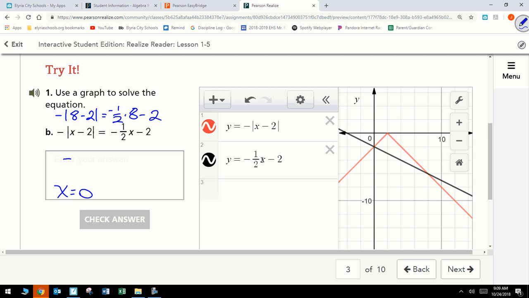Put a negative in front of it. Half of 8 is 4, but make it negative because a negative times a positive. So negative 4 minus 2 is negative 6. Negative 6 equals negative 6 is a true statement. So x equals 8 is my other solution.